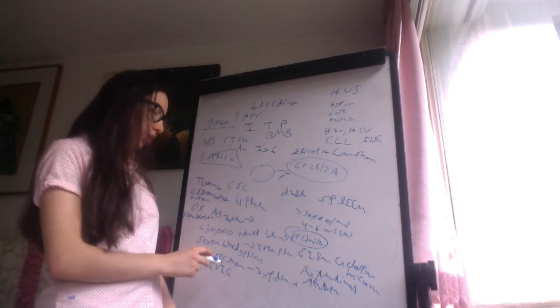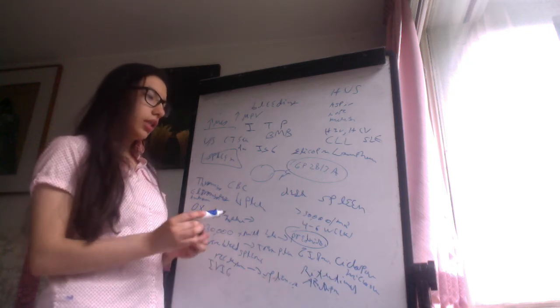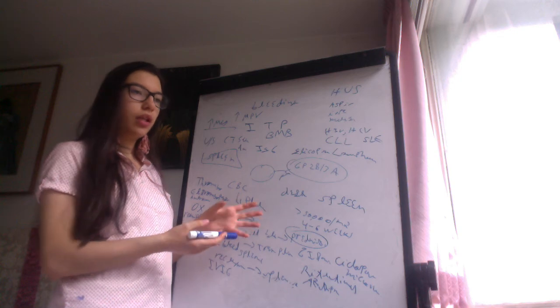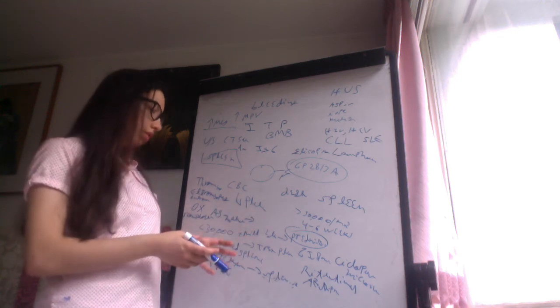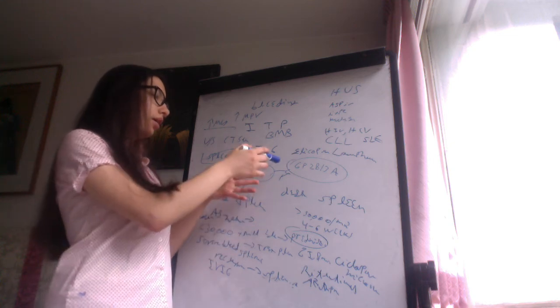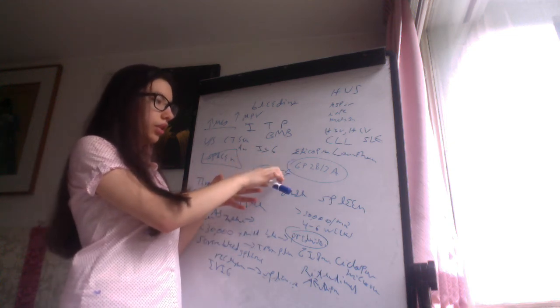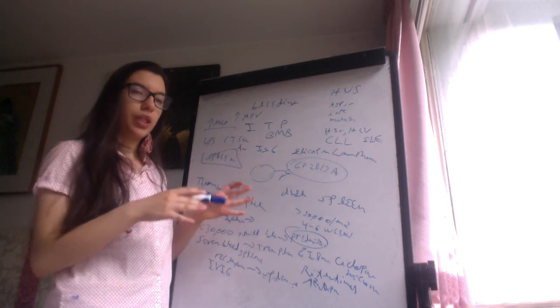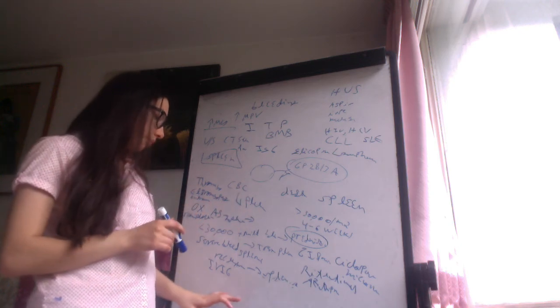These are intravenous immunoglobulins, so that, let's say, the macrophages of the spleen get distracted because they are binding to these immunoglobulins instead of binding to the immunoglobulins that are attached to the glycoproteins of the platelet, and so we decrease the destruction of the platelets.